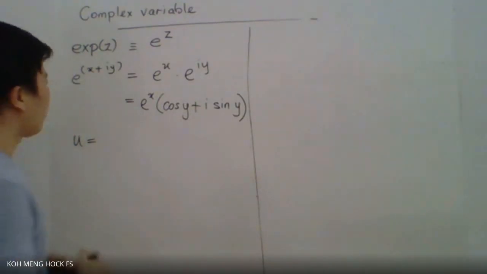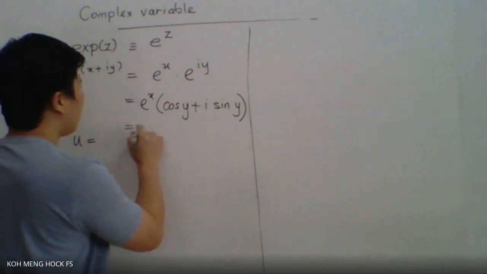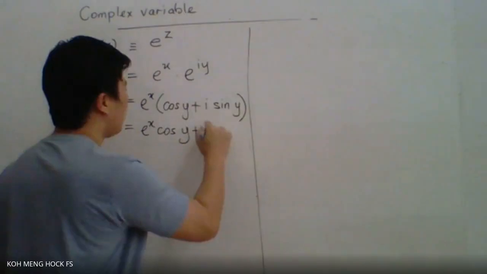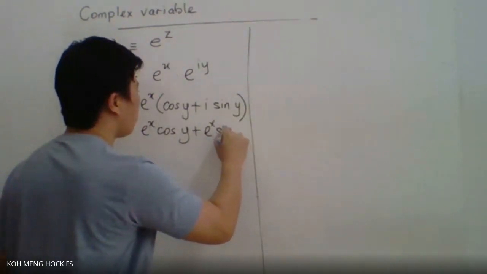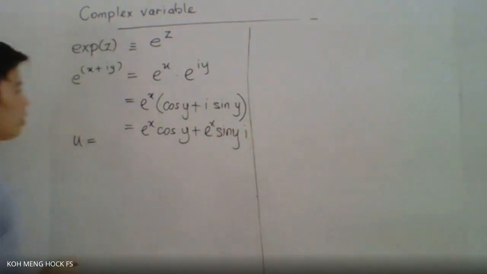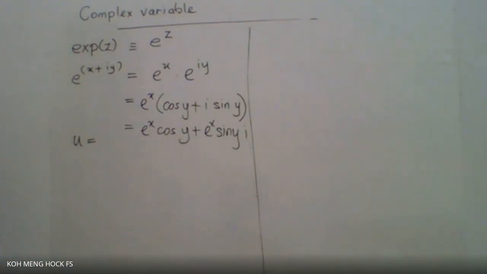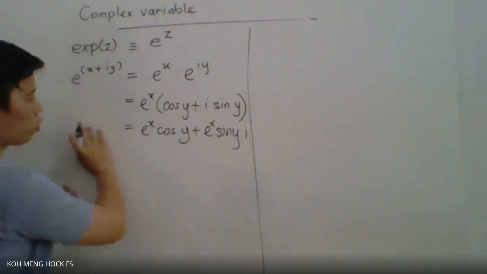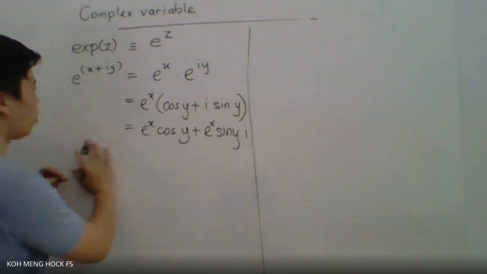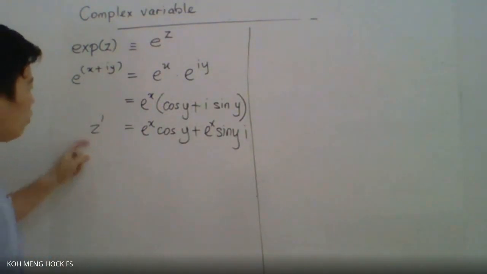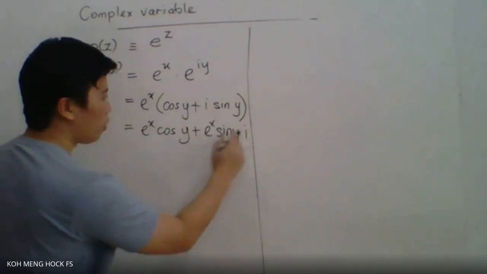Oh, ramai kata tak salah. So this is going to be e to the x cos y plus e to the x sin y times i. Kalau macam ni, it looks very confusing, but here if you treat this as a normal complex number, let's say you put this one as z prime, then you will see where my imaginary part is, where my i is.